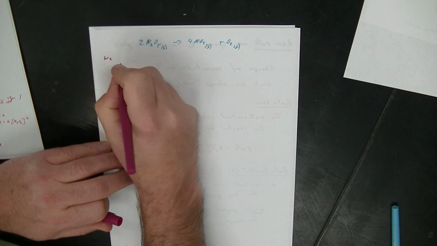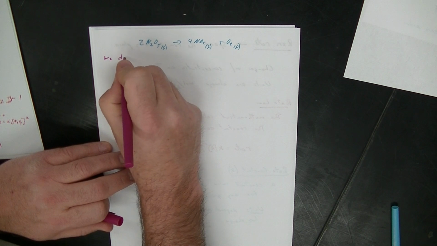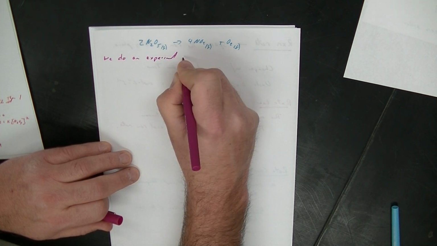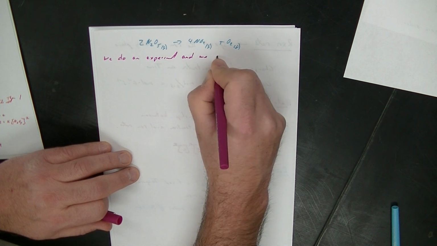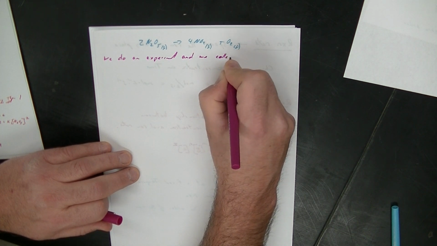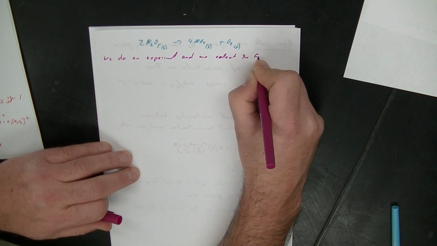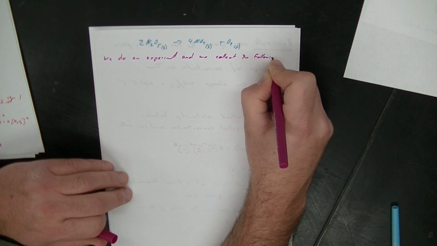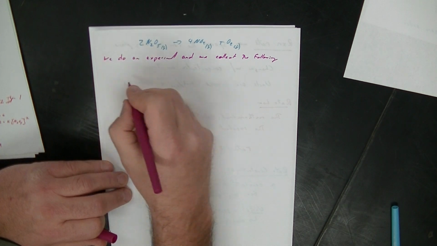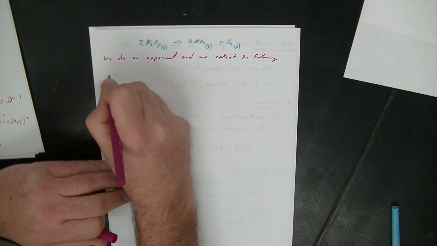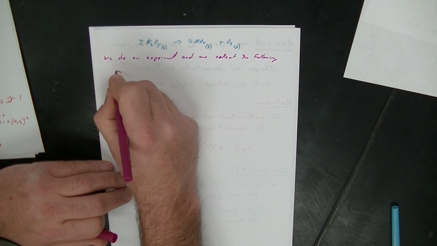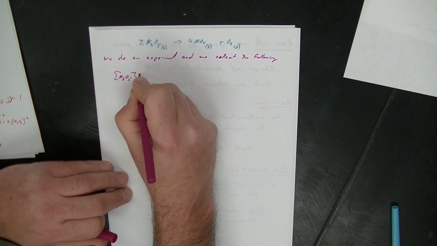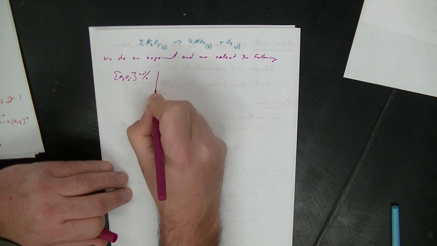So we do an experiment and we collect the following. So I'm going to give you a data table. All right, so we're going to have the concentration of N2O5 in moles per liter.